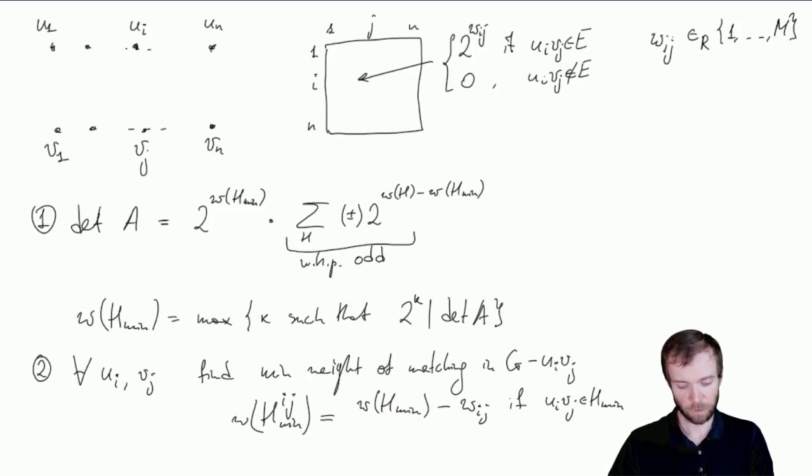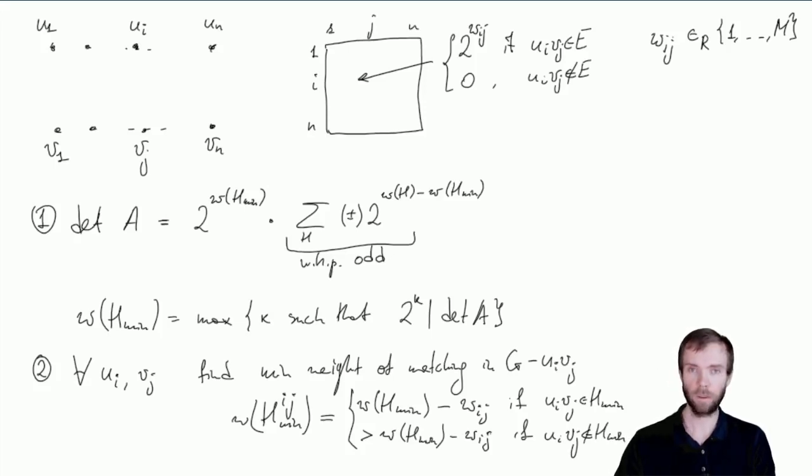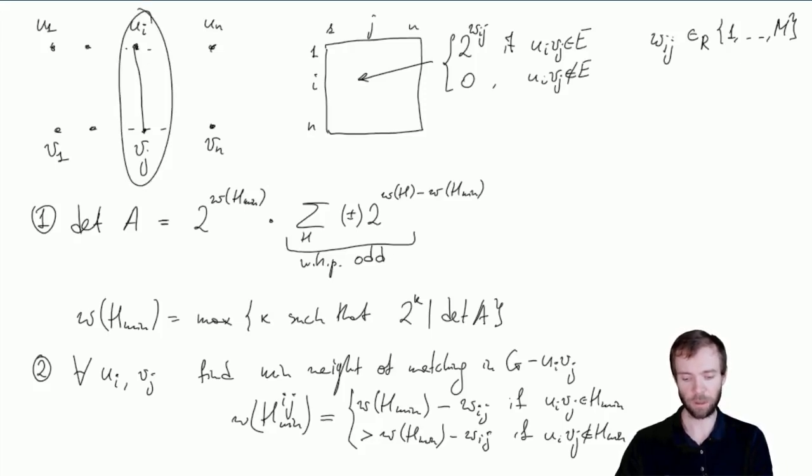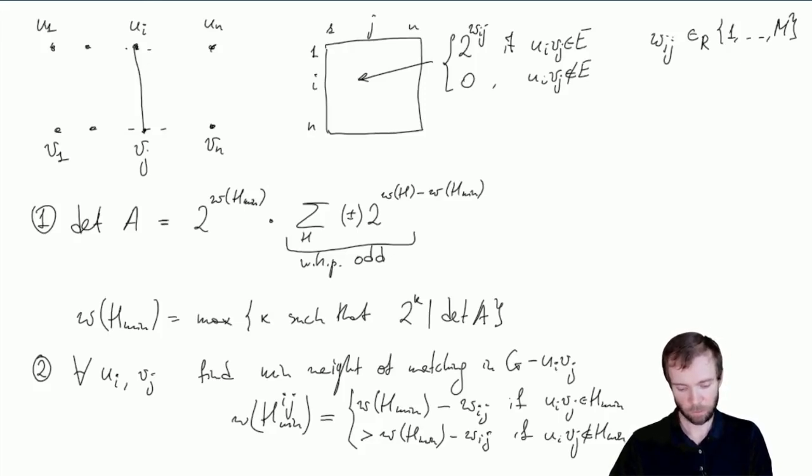So we actually have the following dichotomy: this quantity is equal to exactly this difference in one case, and is greater than the same difference in case ui vj is not in H min. So now the presence of this edge from ui to vj in the matching can be guessed by, again, computing a determinant for a matrix of dimension 1 smaller than A and performing simple arithmetic comparison.